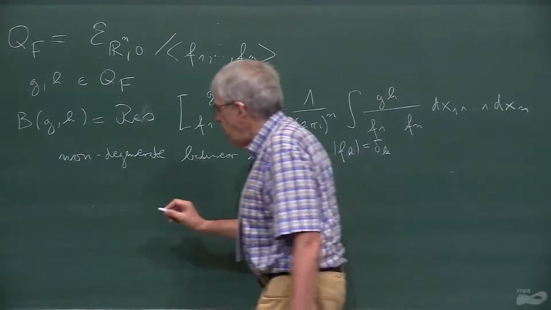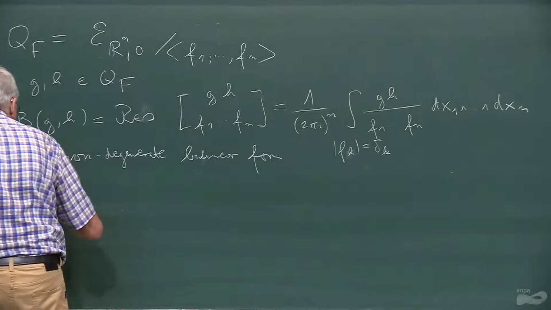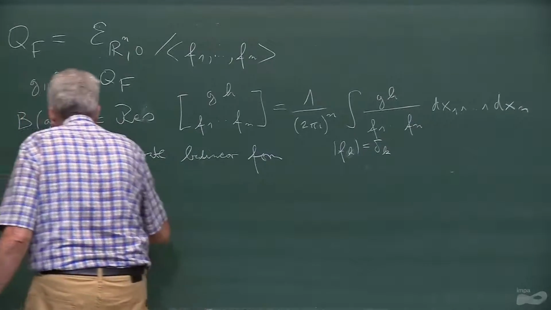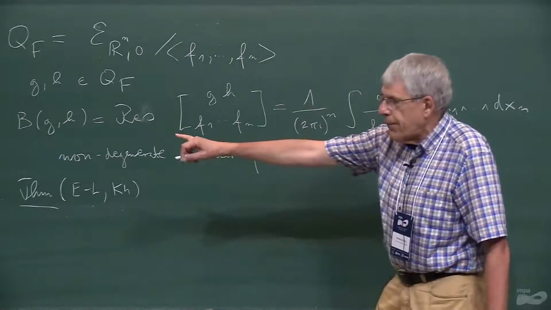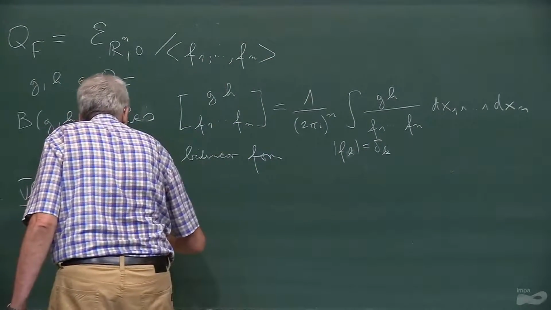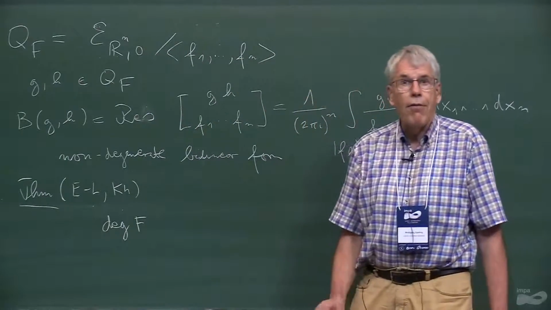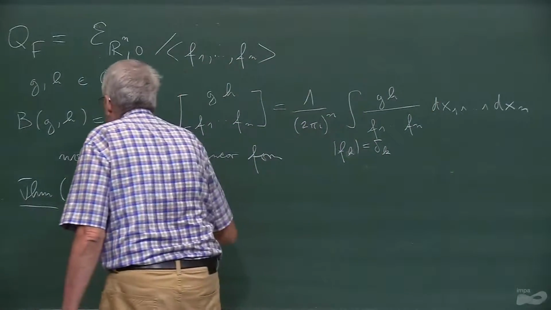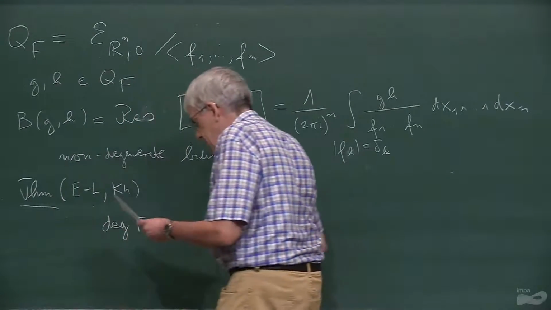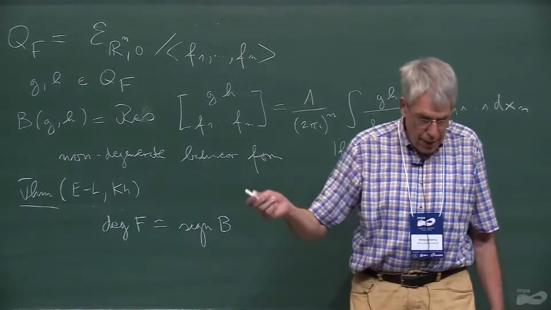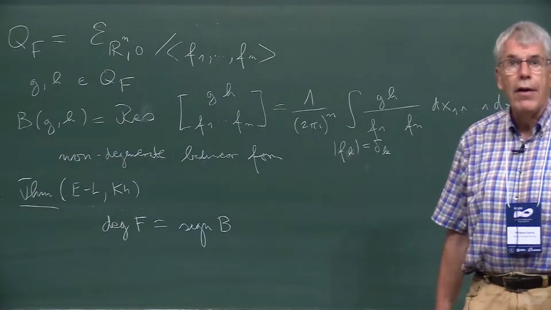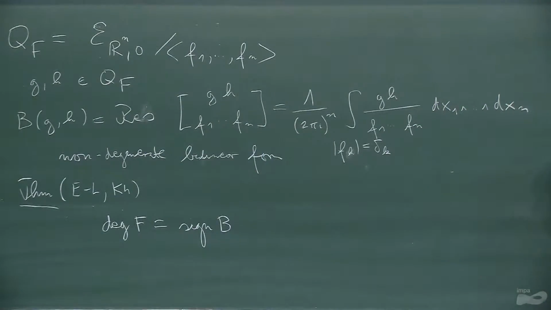And the theorem of Eisenbud, Levine, and Khimshiashvili is that the degree of this map F is equal to the signature of this bilinear form B. The signature is the number of positive eigenvalues minus the number of negative eigenvalues of this quadratic form.